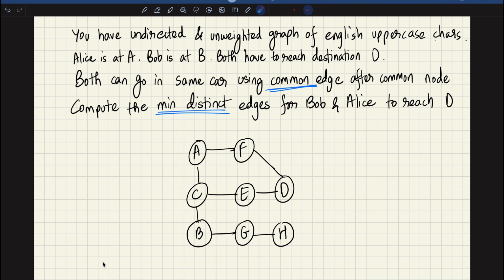It is not necessary that this graph is connected. Maybe we have A and D, and B is in a second component, right? So in that case it is not possible, and we would return -1.